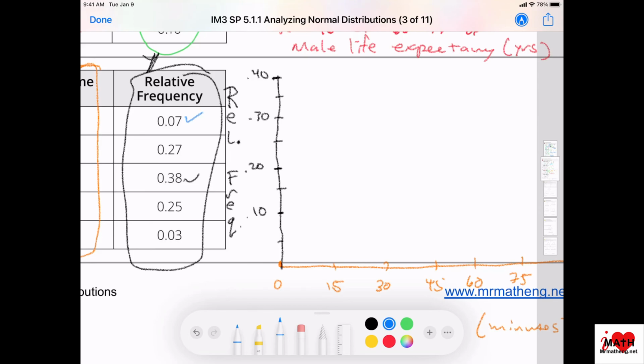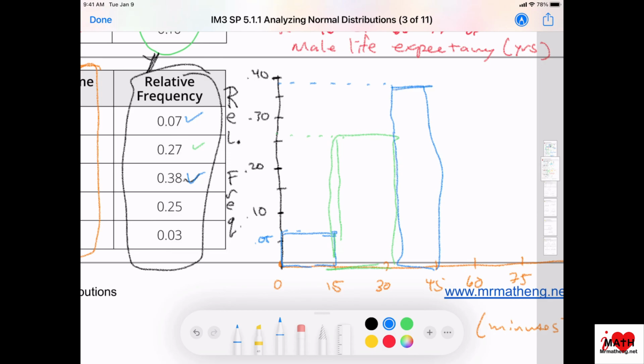And I have 7%. So that's above 10. I mean above 5, right? That's 5. 0.27. You can always use these dotted lines for references and just kind of build it in there. 0.38. My ugly looking building.